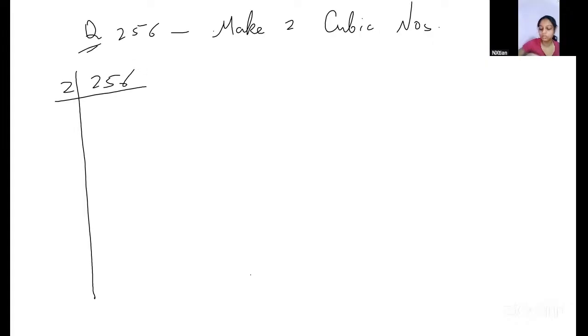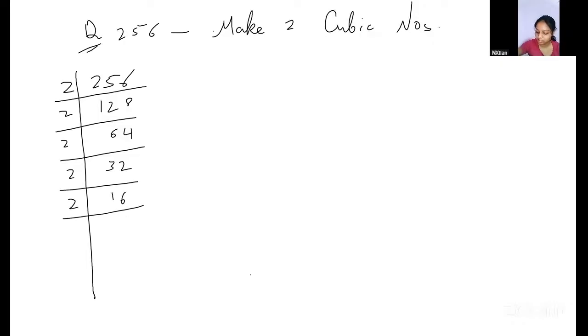We'll begin with 2. 2 ones are 2, 2 twos are 4, 2 fours are 8, 2 eights are 16, 2 sixes are 12, and 2 fours are 8, 2 threes are 6, and 2 twos are 4, 2 ones are 2. Okay, so I have factors.